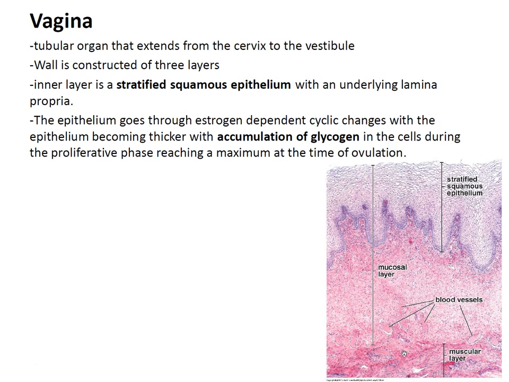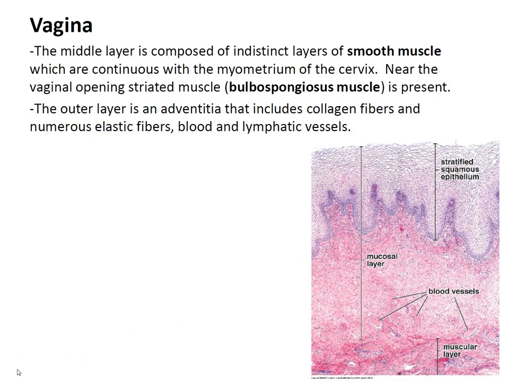Now, the epithelium of the vagina undergoes cyclic changes during the menstrual cycle, and under the influence of estrogen, the epithelium becomes thicker and accumulates glycogen. Now, the middle layer is composed of an indistinct layer of smooth muscle, and these layers are continuous with the cervix myometrium.